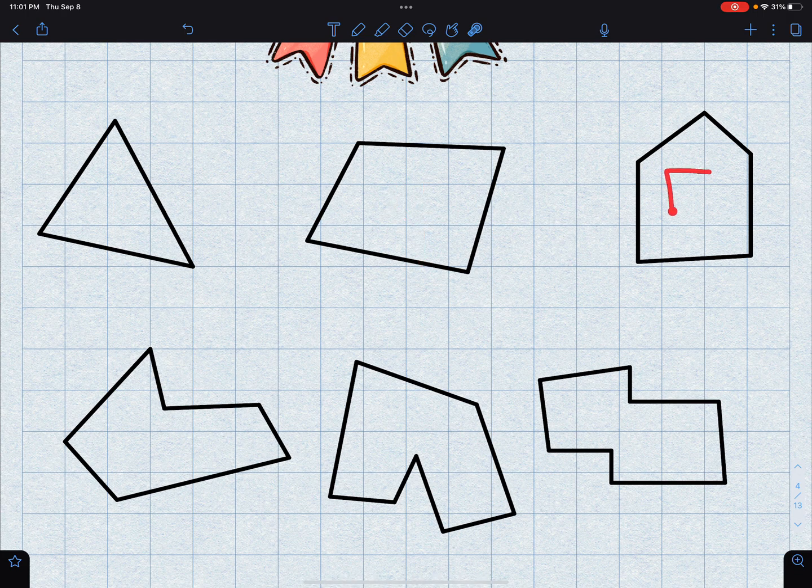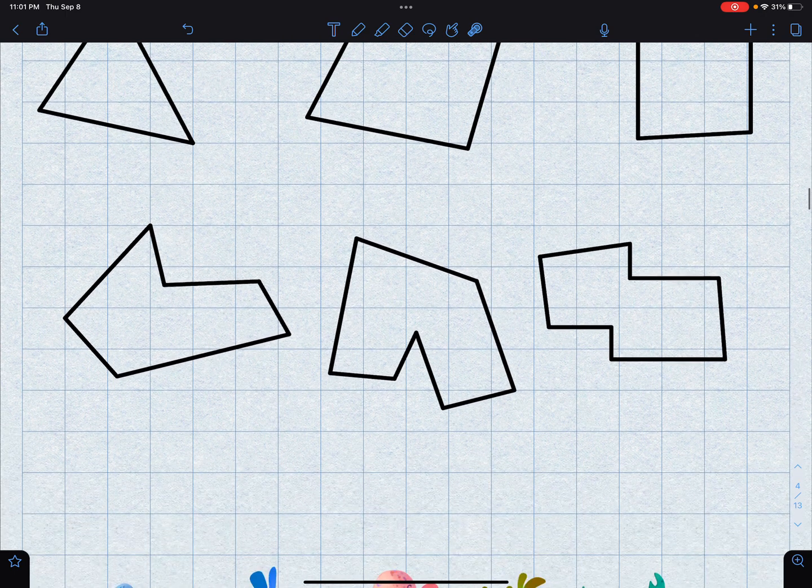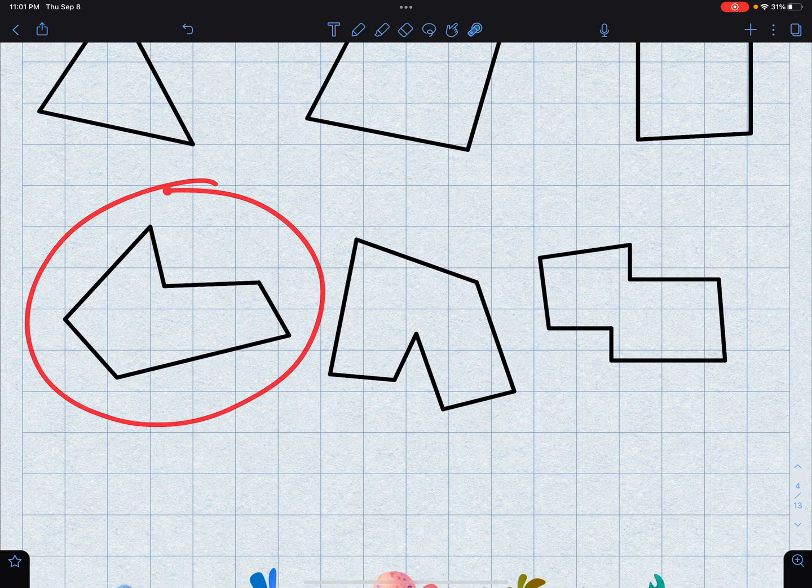This one is a pentagon. I always remember this one because to me it looks like kind of a house. So I think of the word tent, which rhymes with pent, and it makes a pentagon. So it has 5 sides, 1, 2, 3, 4, 5. Okay, and then this one, this is called a hexagon.